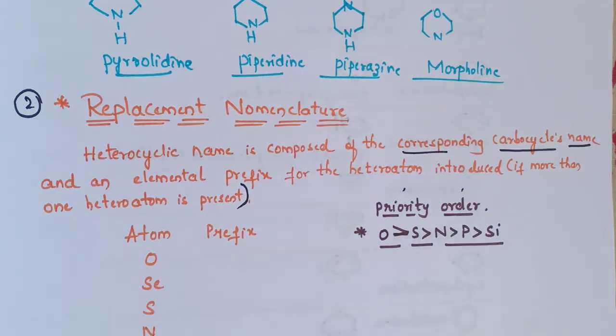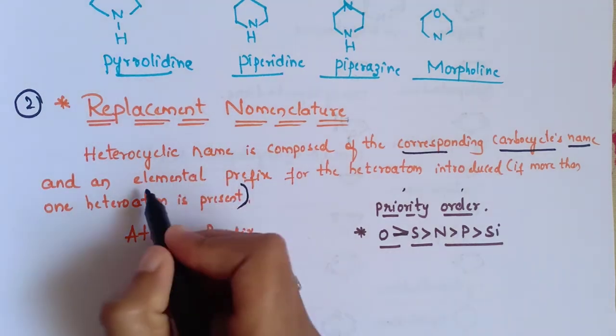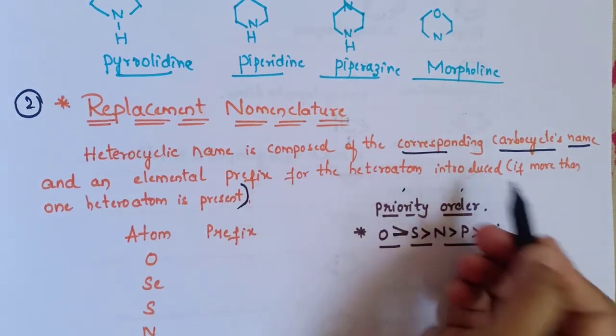For naming in replacement nomenclature, the carbocycle's name is also involved. A carbocycle means a ring structure composed of only carbon atoms and hydrogen. An elemental prefix for the heteroatom is introduced.